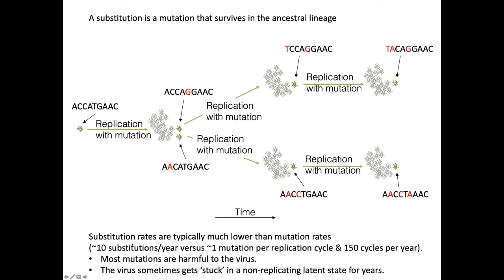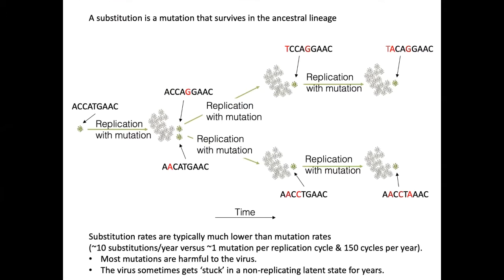That's because they're typically much lower. So if you look at HIV and you follow HIV along a lineage, it typically acquires roughly 10 substitutions per year, whereas the naive expectation is that it should be at least 150. Because as I mentioned, there's roughly 1 mutation per replication cycle, and there's roughly 150 or more replication cycles per year.